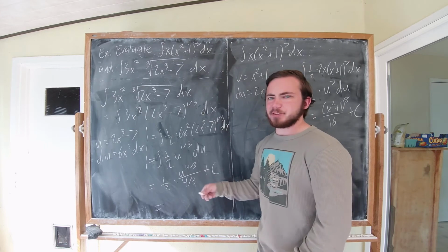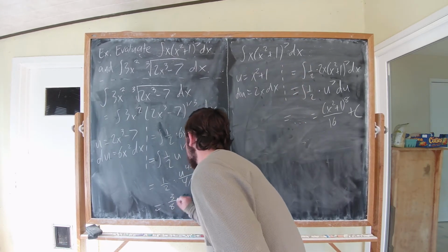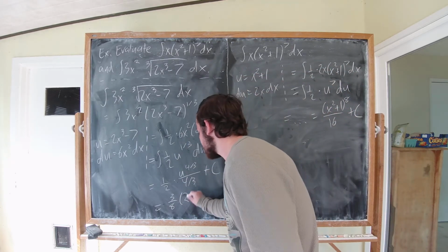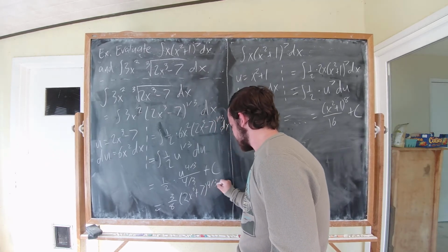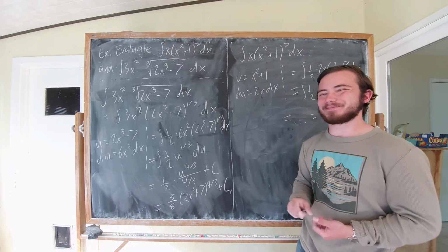Dividing by 4/3 is the same as multiplying by 3/4, so you'll end up with 3/8. Back substituting in for our u, it's 2x cubed minus 7 to the 4/3 plus c. And that would be our final answer in this case.